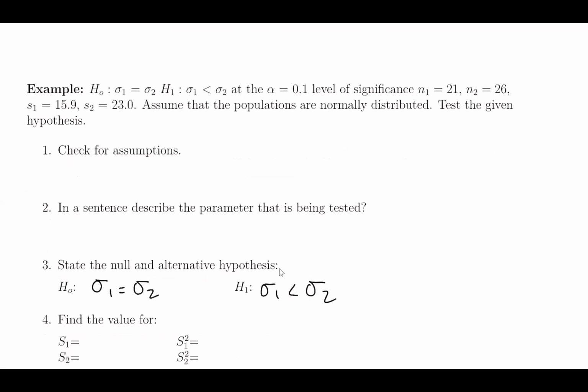Cool. Yeah, if you look right here, it says assume that the populations are normally distributed. That's why we don't have to check any of the assumptions.